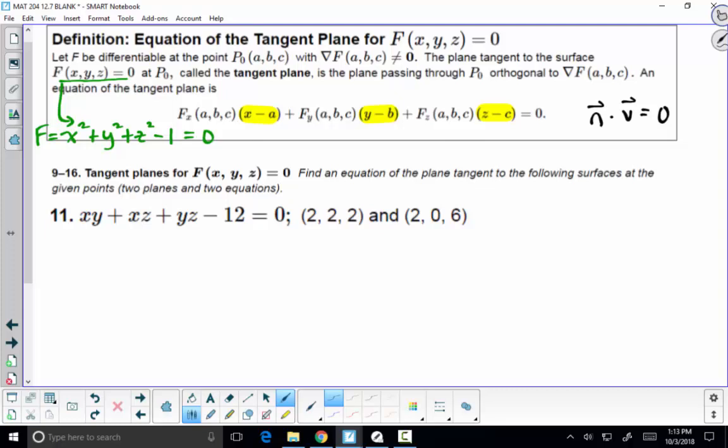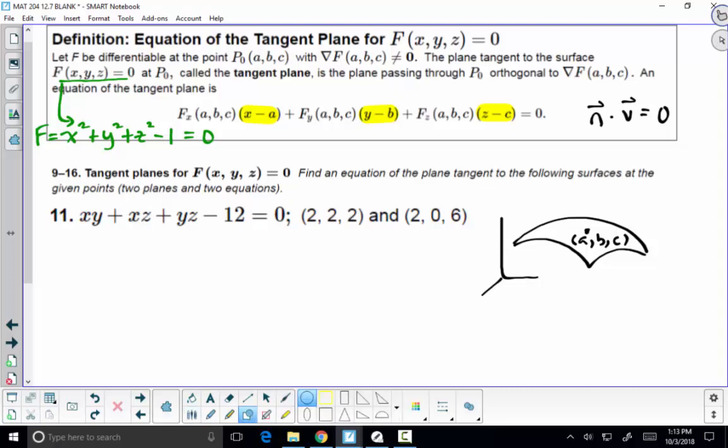Okay. So if we imagine a general surface in 3-dimensional space, (a, b, c) is the point on the surface. And then (x, y, z) is a point in the tangent plane. So we're imagining that tangent plane. We have a tangent plane somewhere sitting on there, and (x, y, z) is just a generic point in the tangent plane.